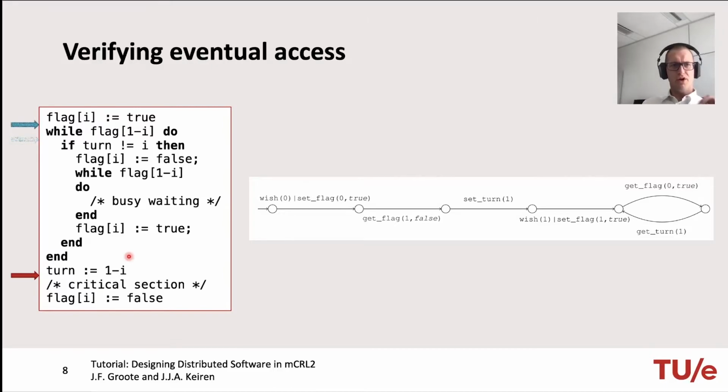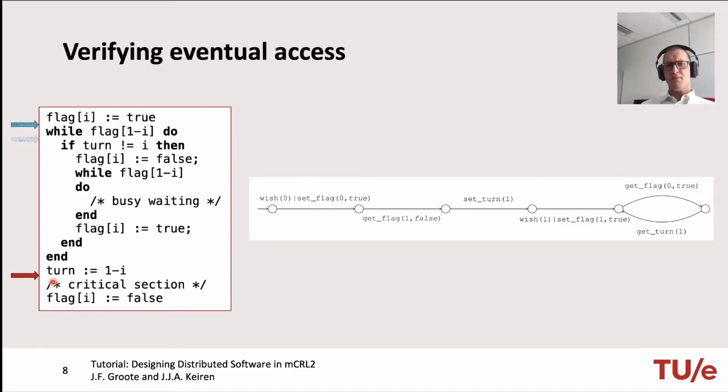So it jumps over the if, and now it keeps doing so. So what we see here is a typical fairness issue where apparently process 1 gets all CPU time, and process 0, although it is ready to enter its critical section, is not allowed to make any progress.